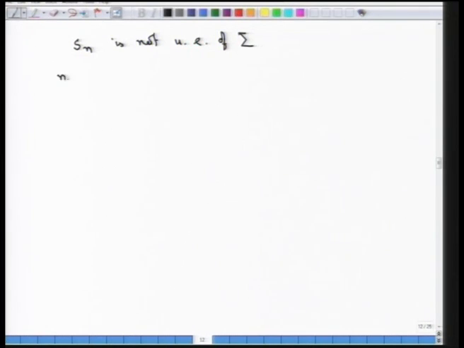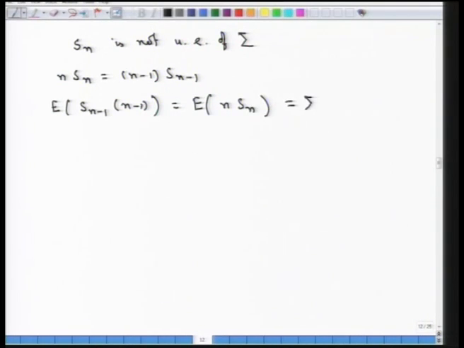Simply because n times S_n is n minus 1 times S_{n-1}, and what we have proved is that the expectation of S_{n-1}, multiplied by n minus 1, would also be equal to the expectation of n times S_n, that is n minus 1 times sigma. So this would imply that the expectation of S_n is going to be equal to (n-1)/n times sigma, which is not equal to sigma.